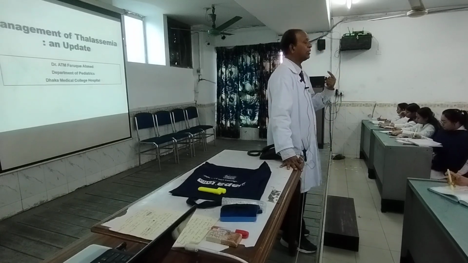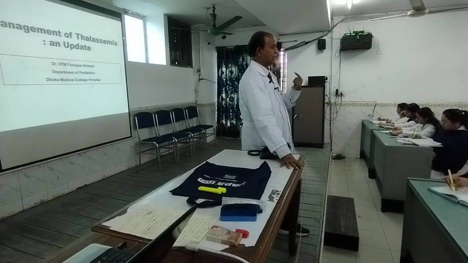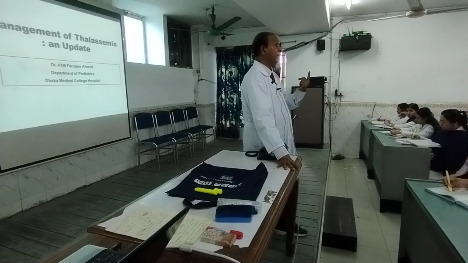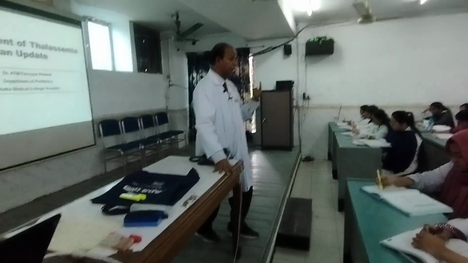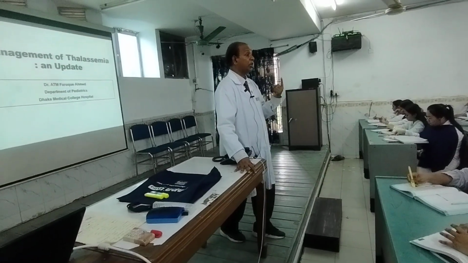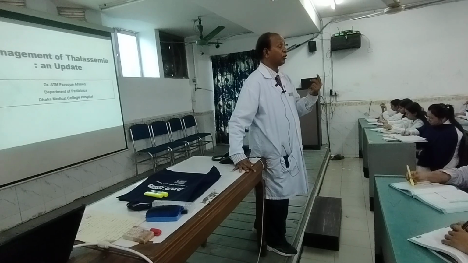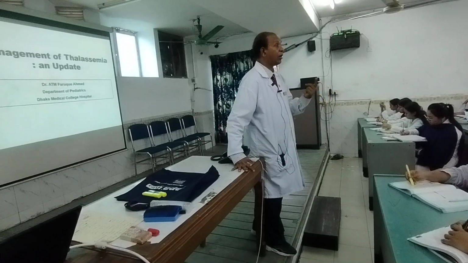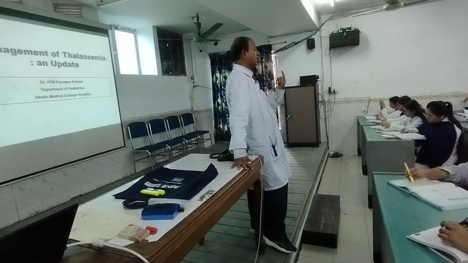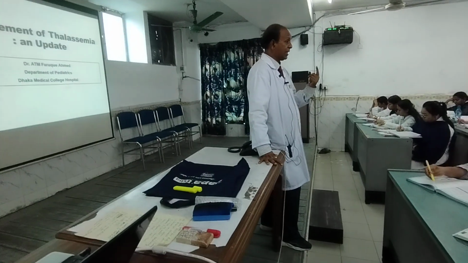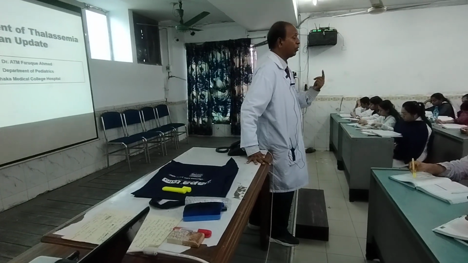Remember this one. Now what is hemoglobin E disease? Hemoglobin E means this is a hemoglobinopathy. This is alteration of the amino acid sequence in the hemoglobin chain. Remember this. Hemoglobin E is the substitution of the glutamic acid by lysine at the 6th position of the hemoglobin chain.